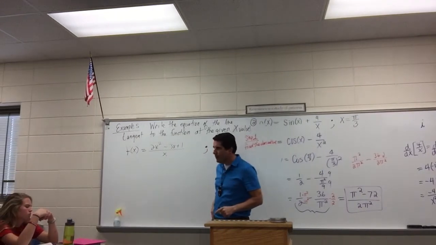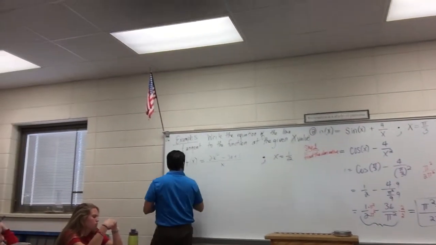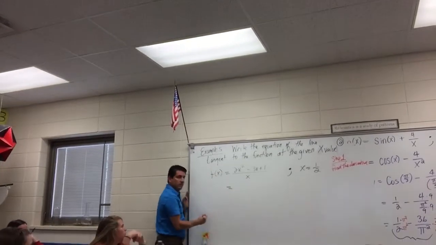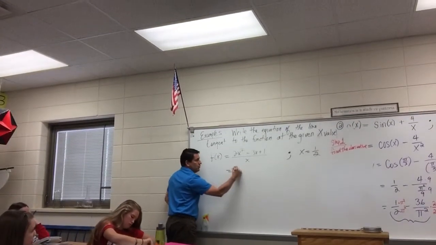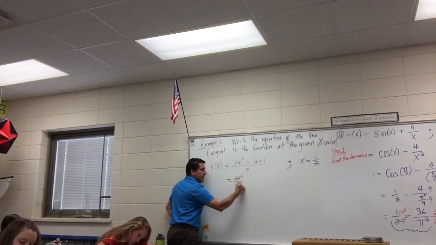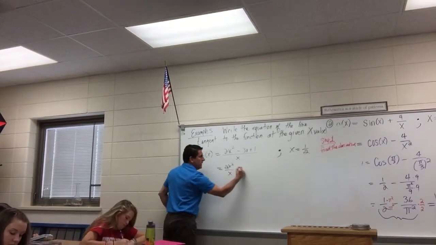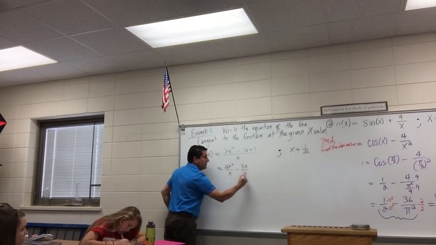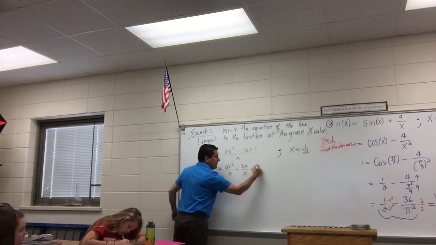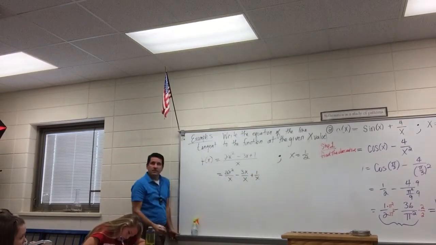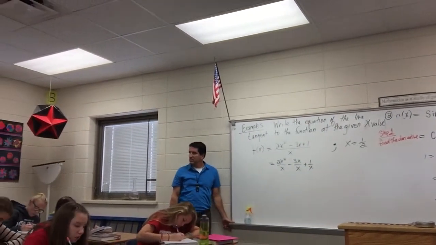But if you're clever, you can see that we can actually rewrite this. Look at 2x squared divided by x minus 3x divided by x plus 1 over x. You see that?